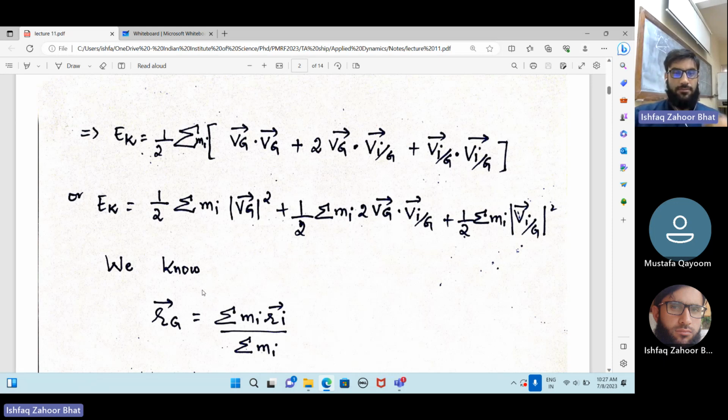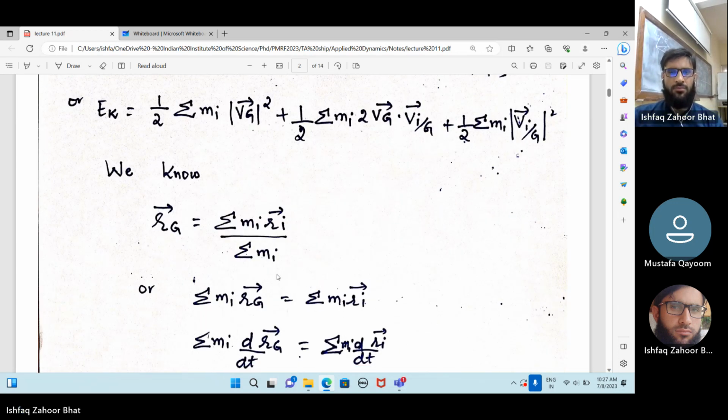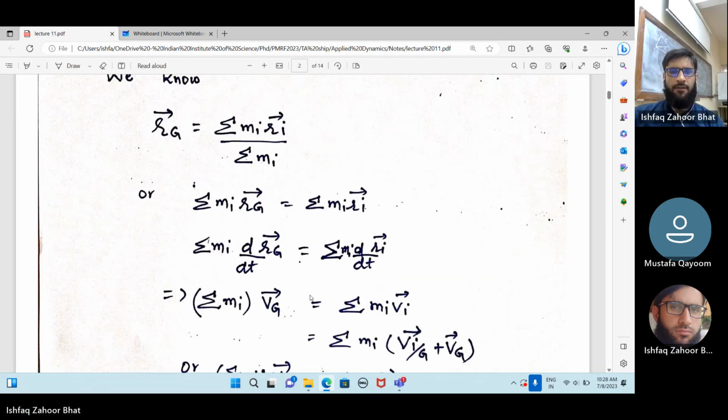similarly for this expression. But we know that R_g, by definition, that is the position vector of the center of mass, is nothing but the summation of m_i R_i upon the summation of m_i. So multiplying this, we get this. See, this R_g is constant. It does not depend upon which particle you are taking.